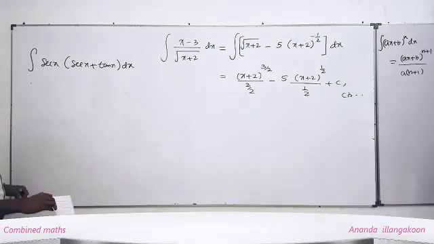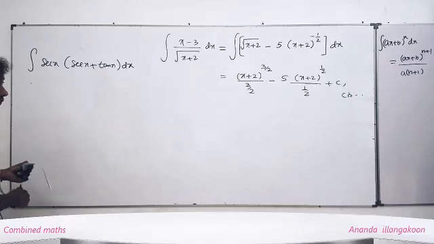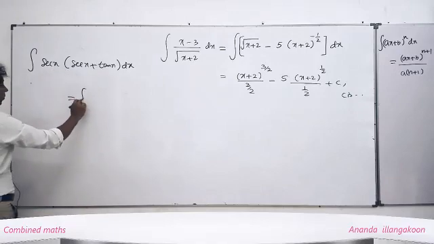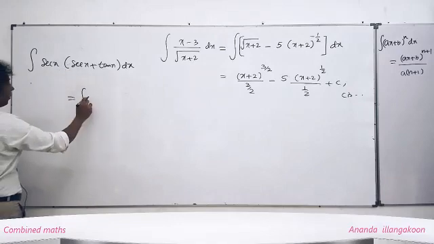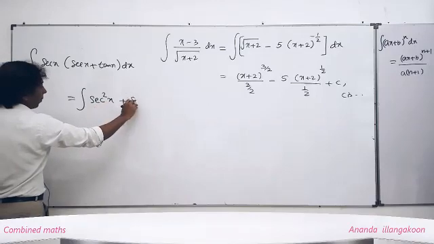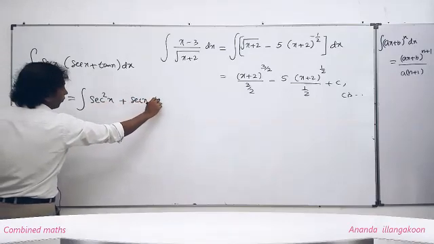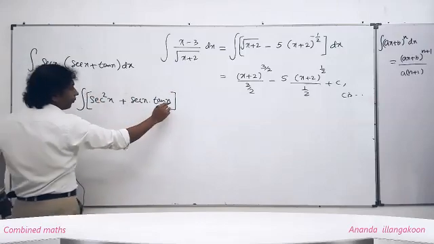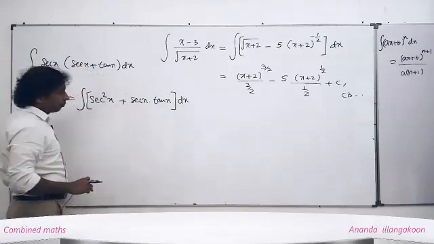Yeah, this one you can very easily take. Remove the bracket. Sec x into sec x, sec squared x, plus sec x tan x, dx.